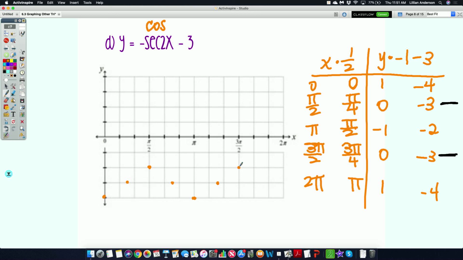Next one after that should be 7 pi over 4. And what's the y value? And the last one should be at 2 pi, negative 4. So there we go. Cosine's been flipped upside down, and it's been moved down 3 units.